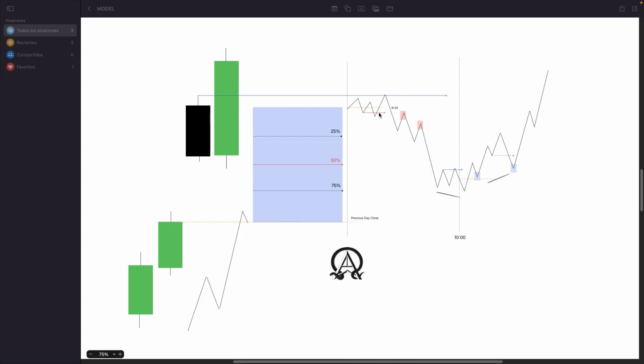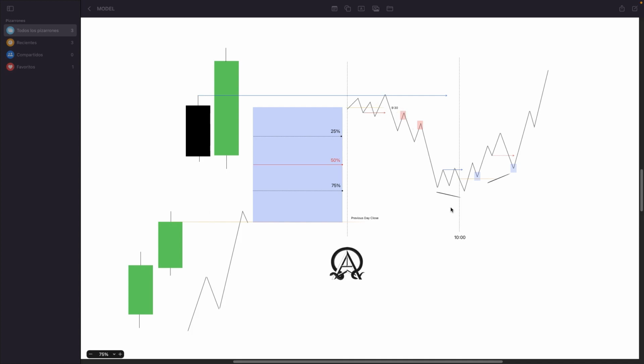If you are expecting higher prices, you want a discount, or at least a fair value price, before you engage, to have an opportunity to position yourself at a good price level. So with this gap, we already know which price level is discount for us.